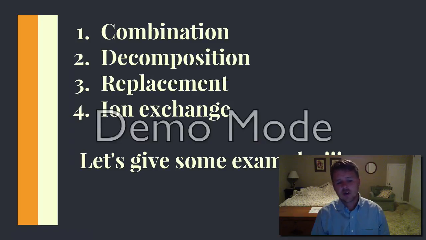Then ion exchange. That's when you have two sets of ionically bonded compounds. You should know what ionically bonded means, which just means a positive and a negative together, and they just switch.